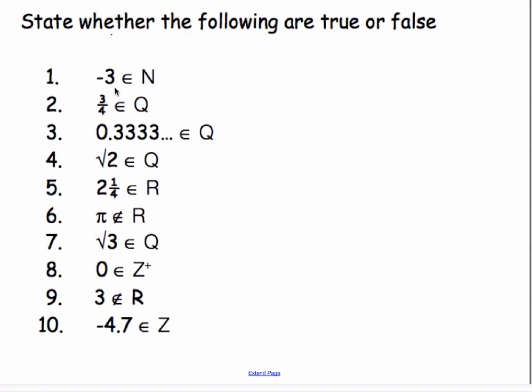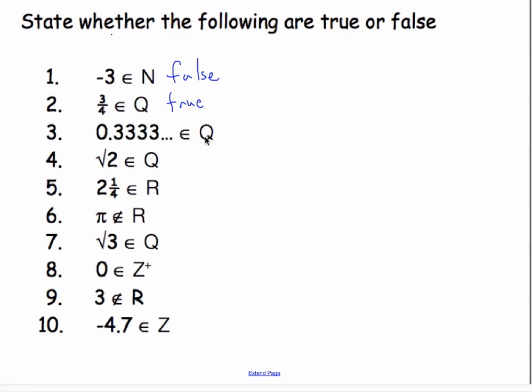Okay, so let's do the following examples next. Is negative 3 a natural number? No, that's false. Natural numbers include only the positive integers. Is 3/4 an element of the rational numbers? Yes, that's true. Okay, if a number can be written as a fraction of two integers, then it is a rational number.